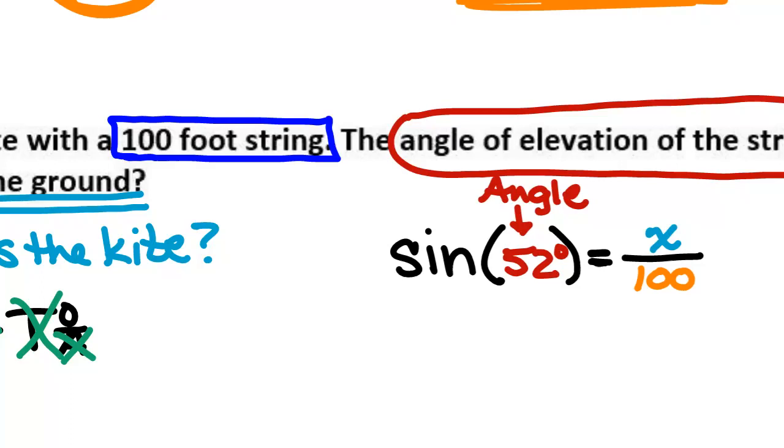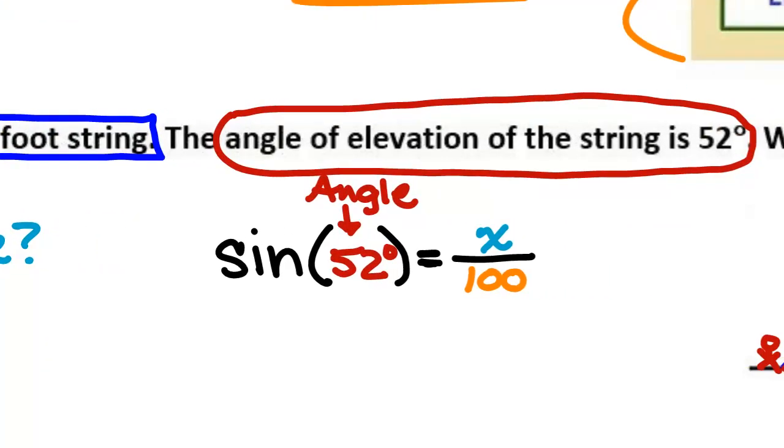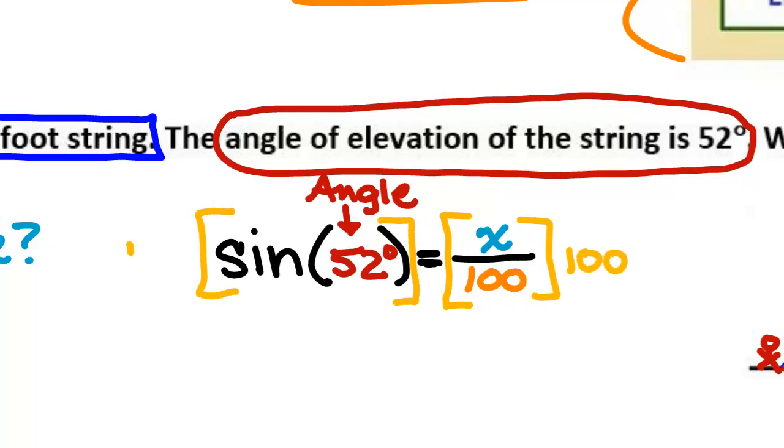And so to solve for x, what do I do now? Multiply by 100. Whatever's on the denominator, whether it's a variable or a number, we always multiply by the bottom of the fraction. So my denominators are going to cancel out.